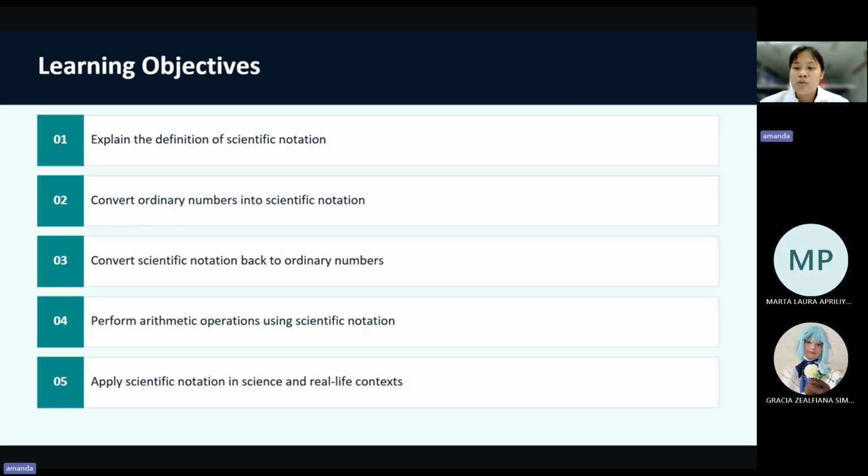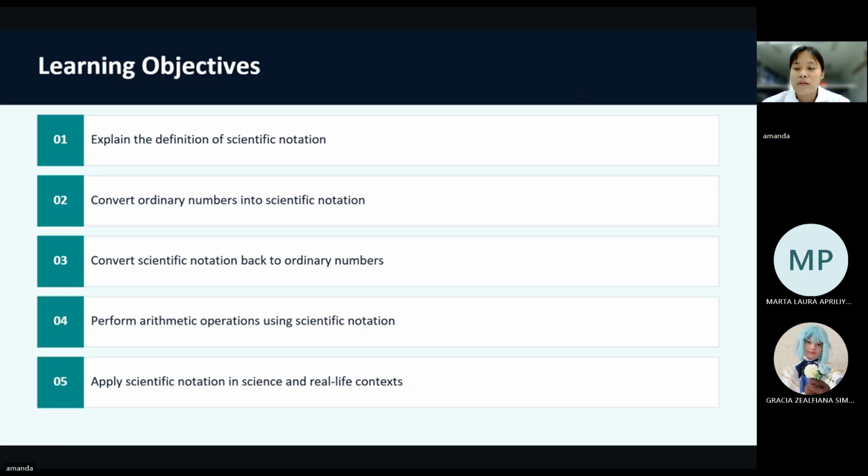Fourth, you will be able to perform arithmetic operations like multiplication, division, addition, and subtraction using scientific notation.